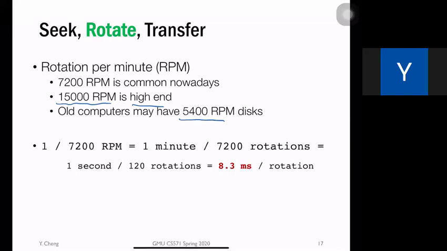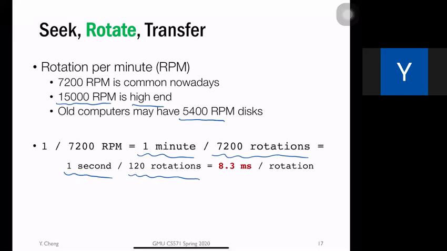How to calculate is just 1 minute divided by 7,200, because 7,200 is the total number of rotations per minute. You translate this into seconds, and at the same time convert it into rotations per second.